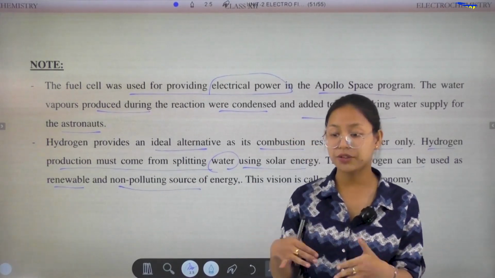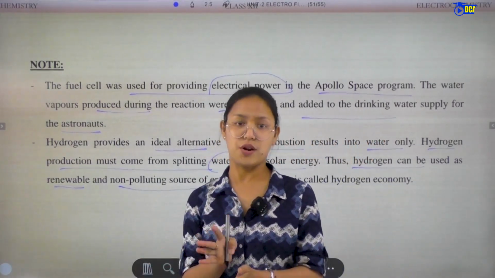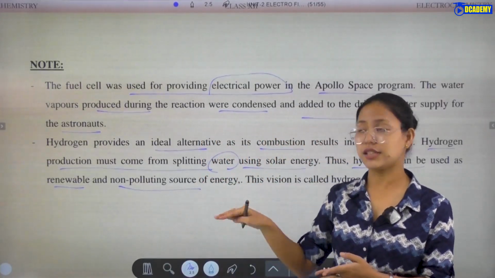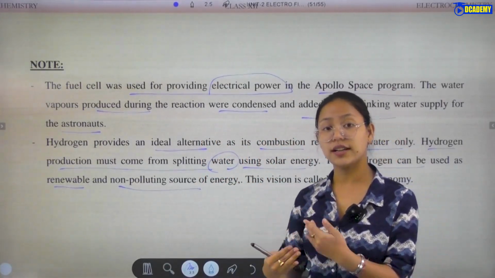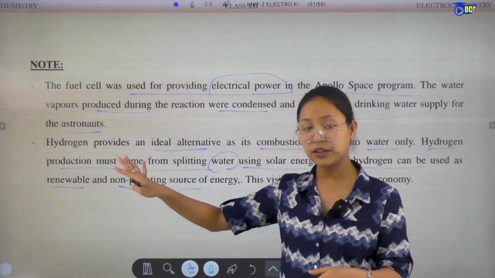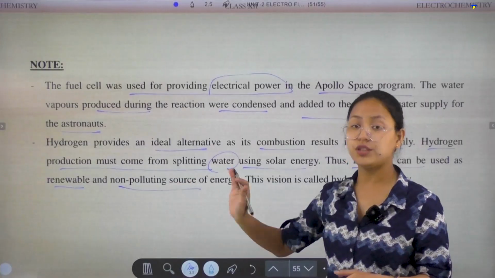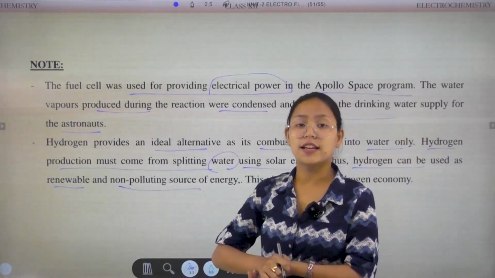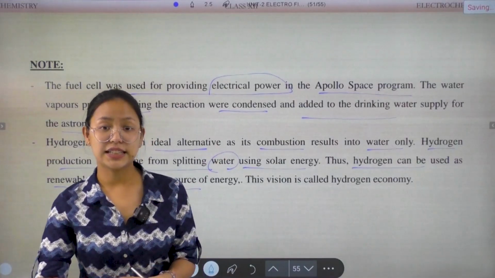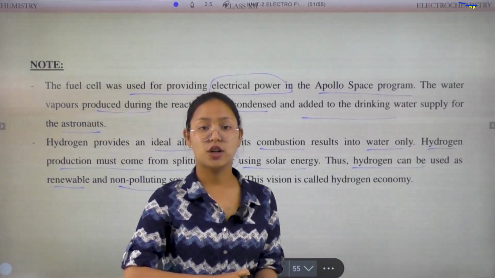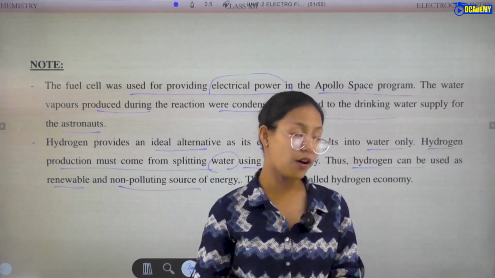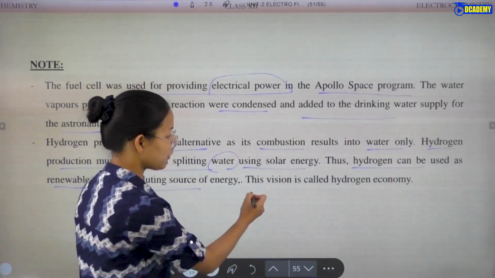But what about non-renewable? Petrol, diesel. So hydrogen fuel is an alternative source of energy. Renewable and non-polluting, hydrogen is the best alternative for fuel.